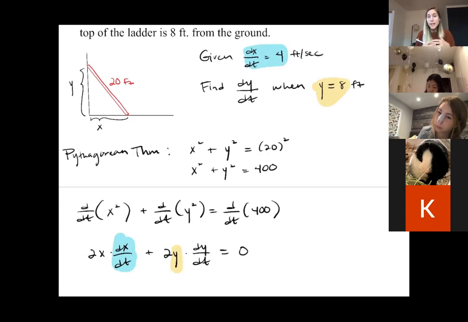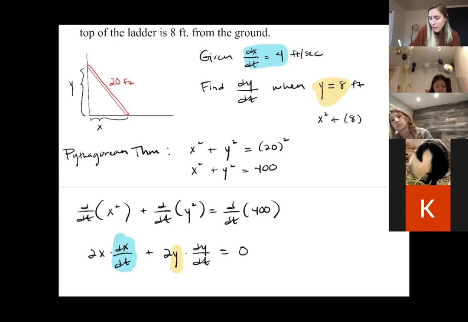The thing is, we're missing what x is, like what we could plug in for x. But we can figure out what x would be at the moment that y is equal to 8 feet by using our Pythagorean theorem relationship. So we can solve for what x would be by plugging in 8 for y.